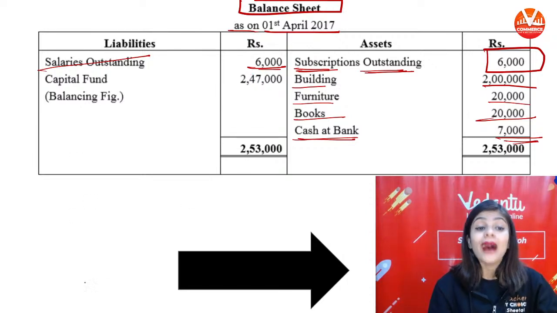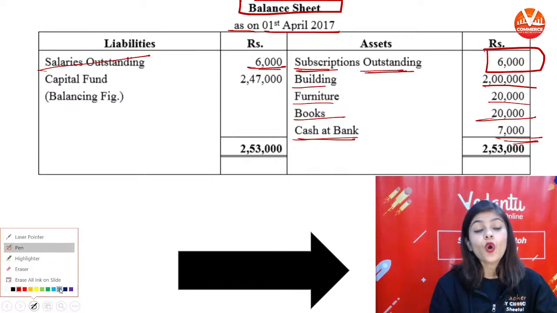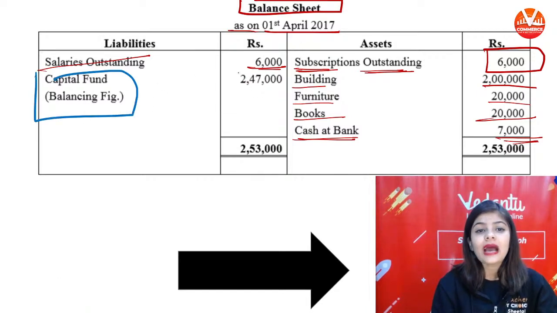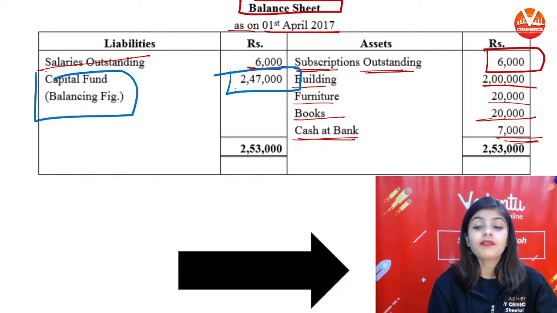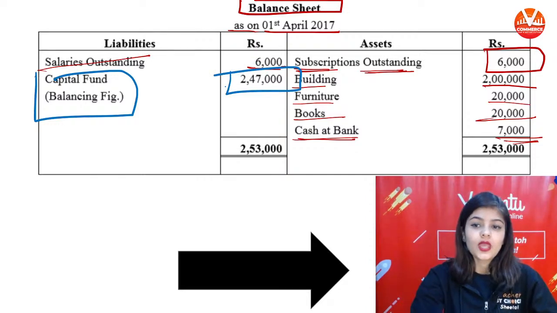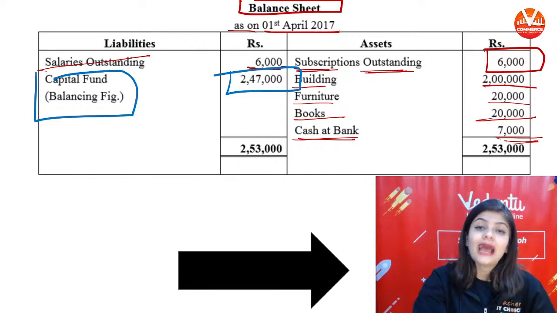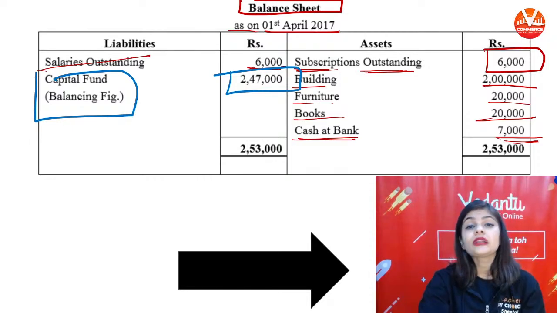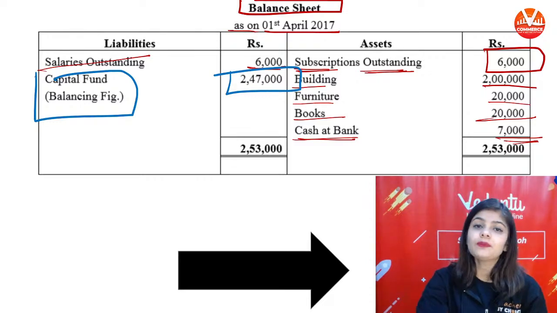Now your balancing figure in the opening balance sheet will be capital fund 2,47,000. This we will utilize in the closing balance sheet.